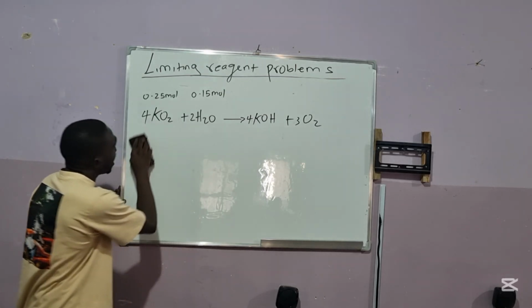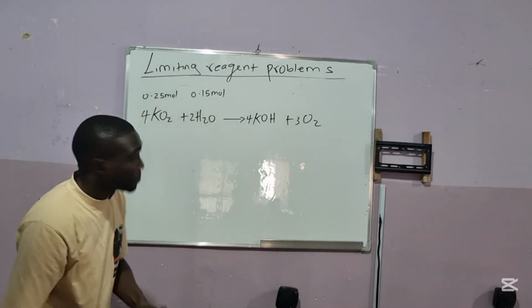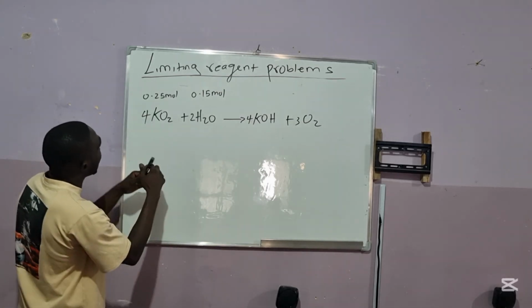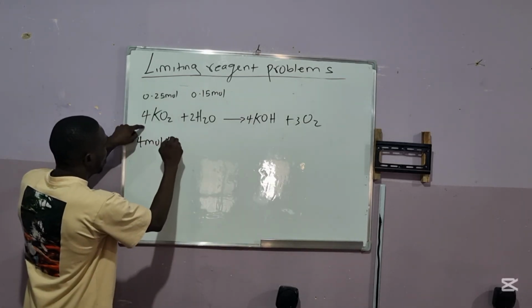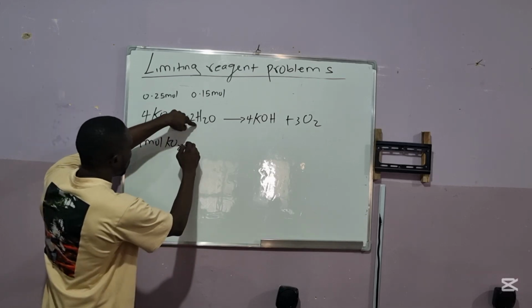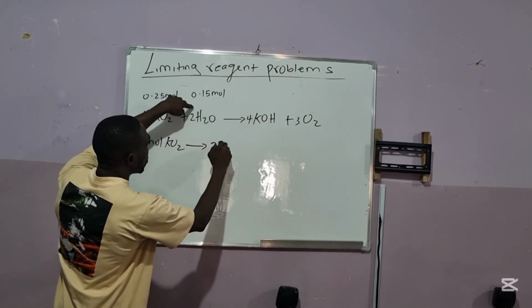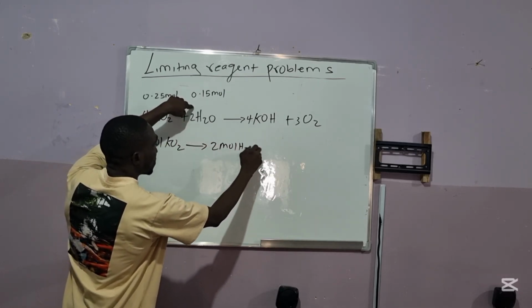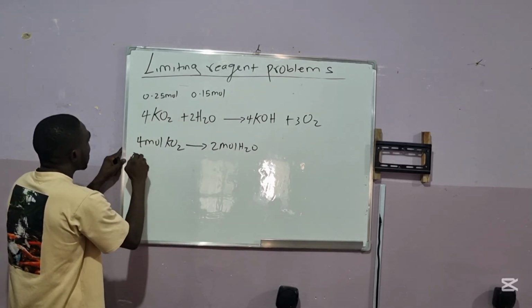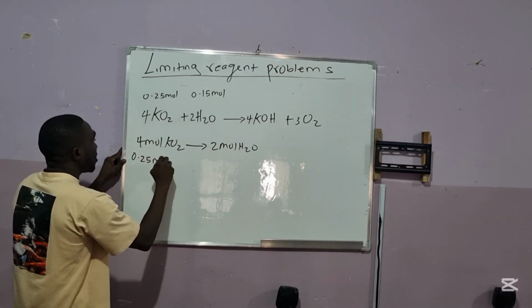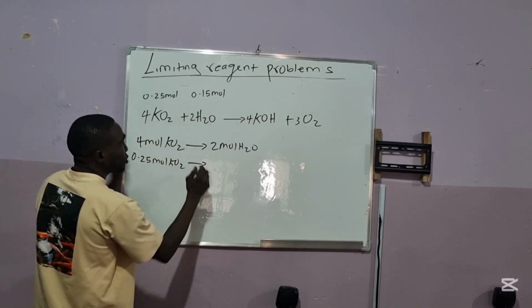So for the second method now, we are working in moles, don't forget. From the balanced equation, I can say that 4 moles of KO2 will always react with 2 moles of water. That's the balanced equation, right? So therefore, 0.25 mole of our KO2 will react with what amount?